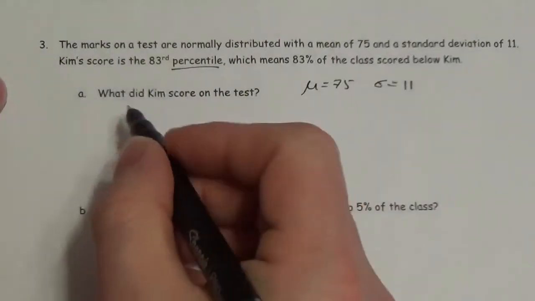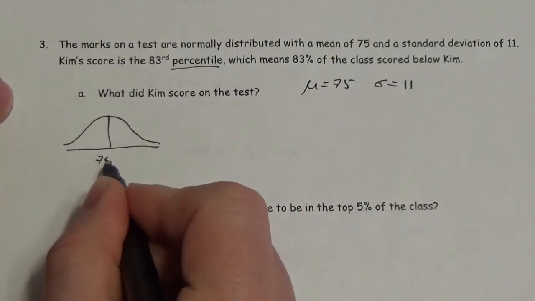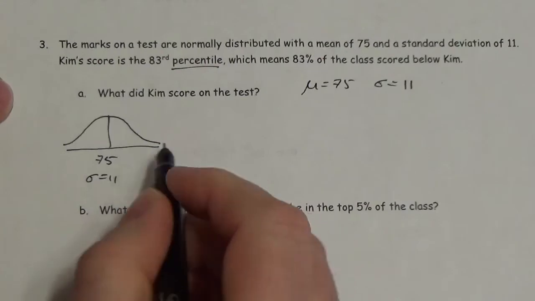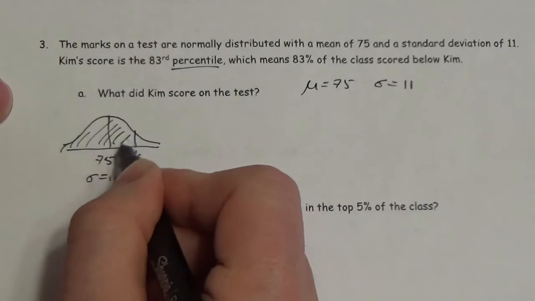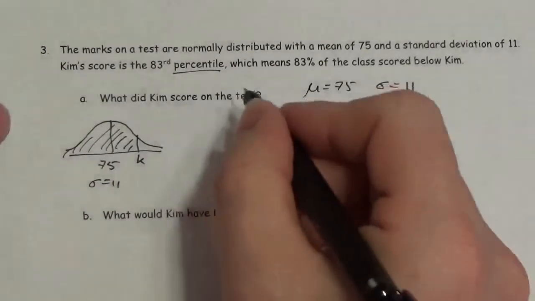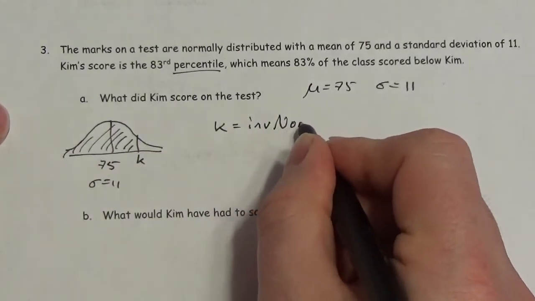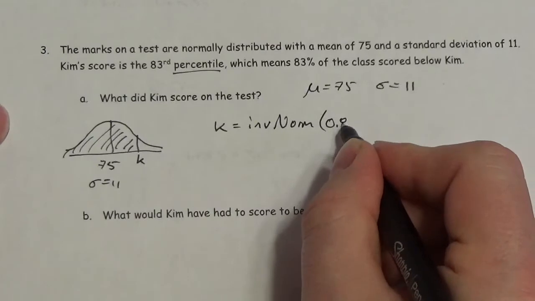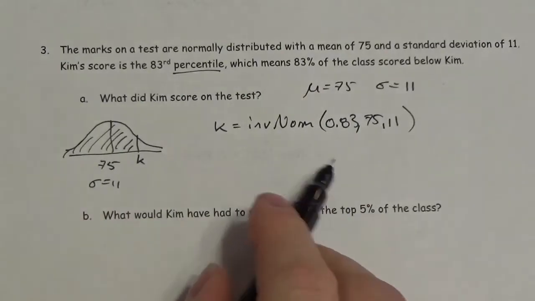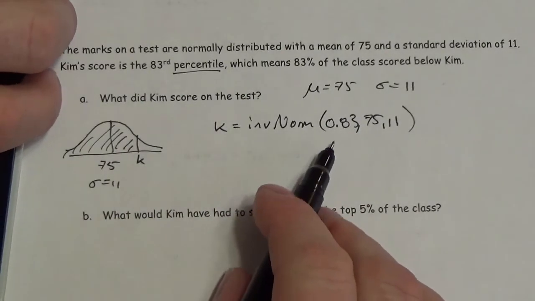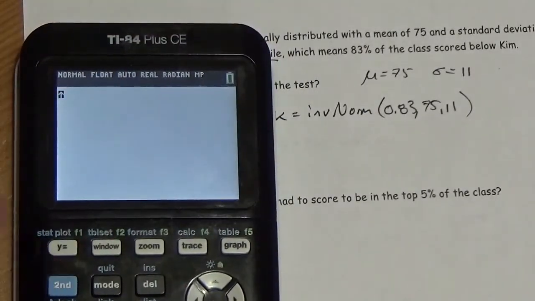So here's the class, the mean is 75, the standard deviation is 11, and here's Kim's mark. 83% of the class scored less than her. To get her mark, it's going to be the inverse norm. Working with a percentile is wonderful because you can just plug that in. The inverse norm is expecting the percentile right there, so this is a great overlap between these two ideas.